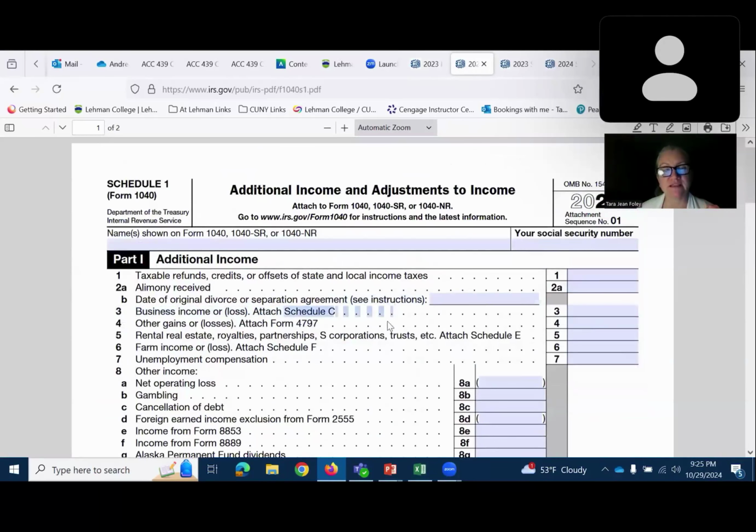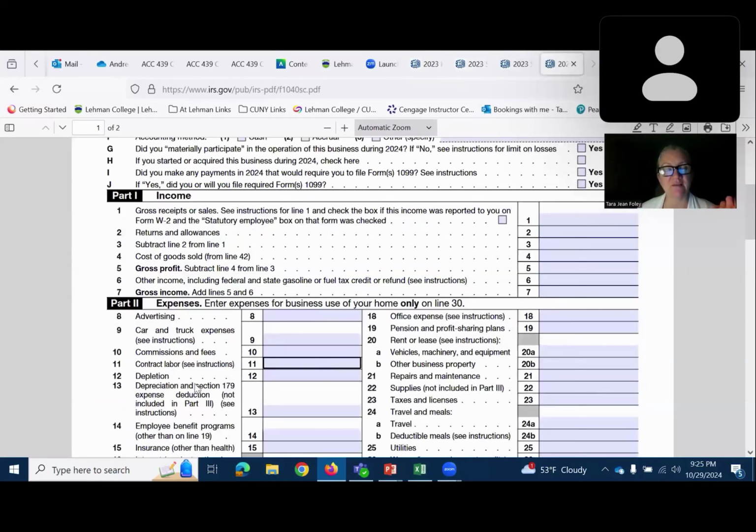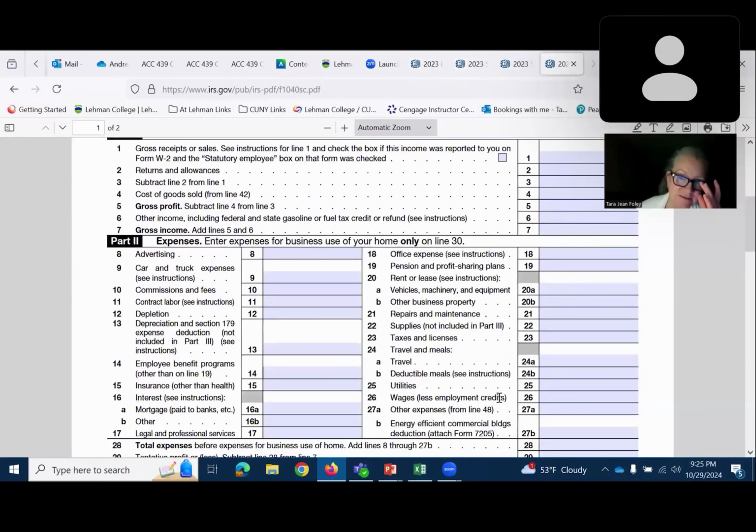You've got your Schedule C, you've got your Schedule E. So let's go to Schedule C, for example. On Schedule C, I've got income, I've got all these expenses. All these other forms have all these other expenses. And there are so many forms that have income and expenses or deductions that we're not going to go through every single one of them. We're going to go through some specific ones, okay?